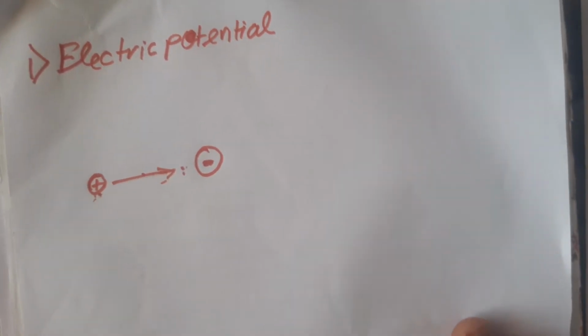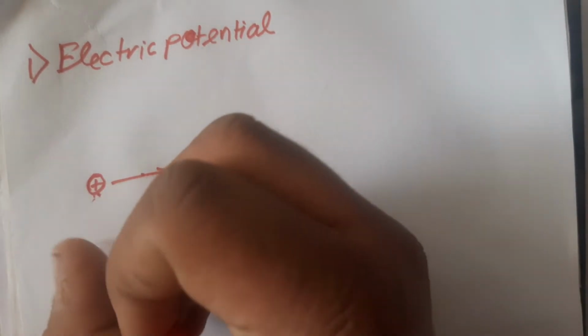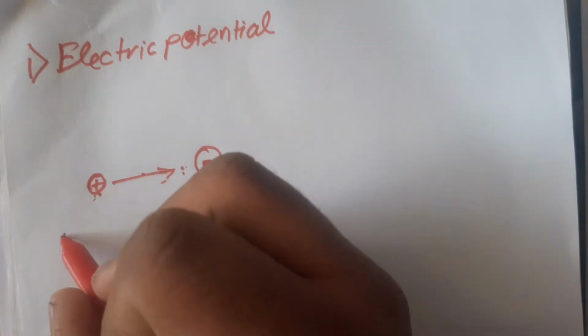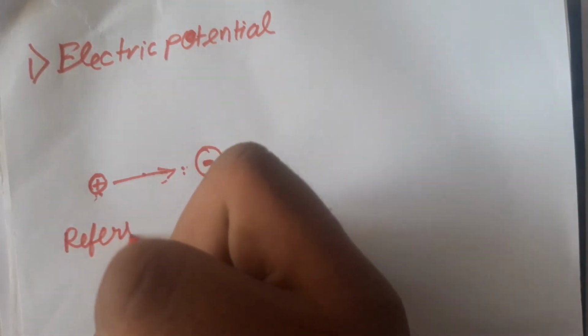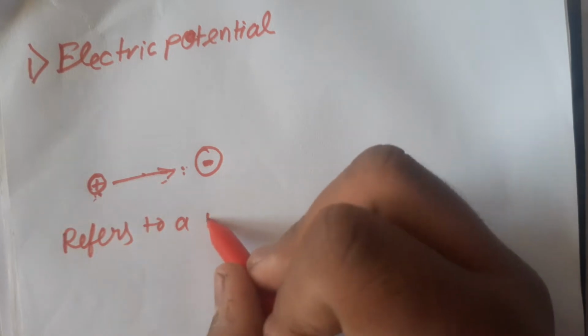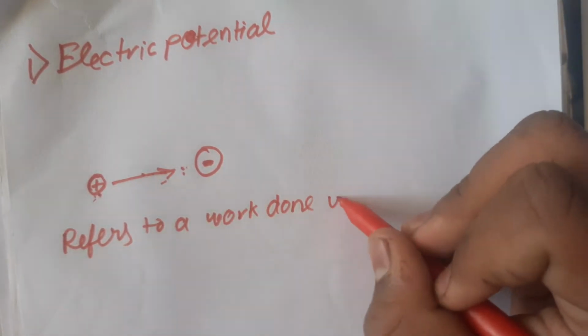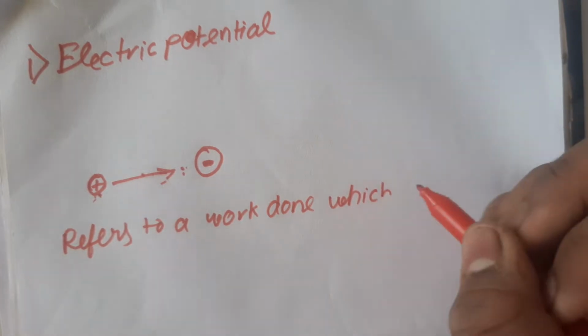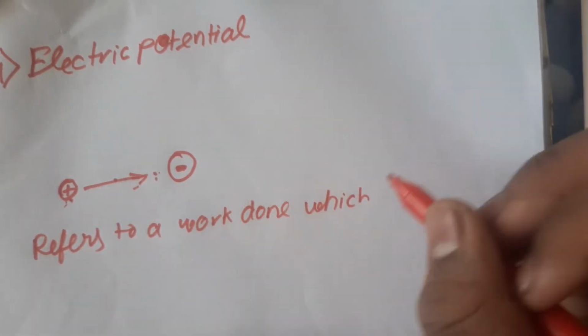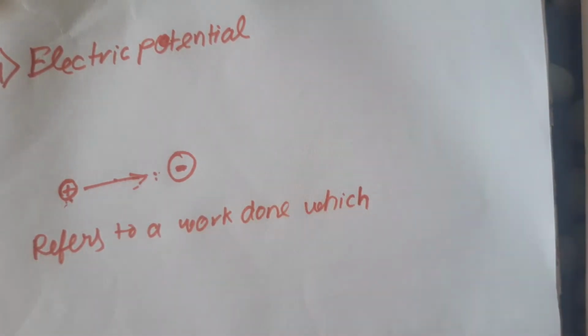So we can say that electric potential refers to the work done, and because we are all studying science, we must use science terminology.